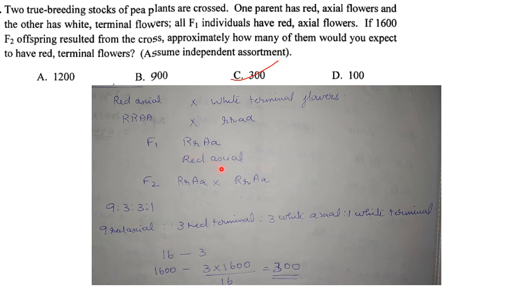The red axial parent will be capital R and capital A, and the white terminal parent will be small r and small a. So you will get red axial in the F1 generation.